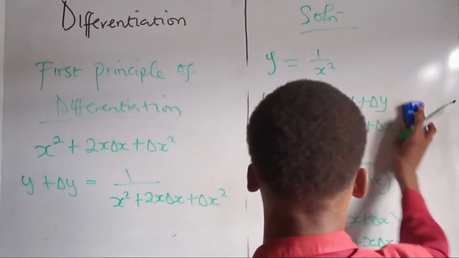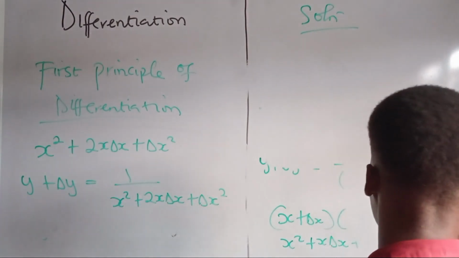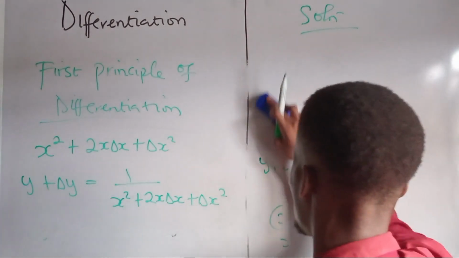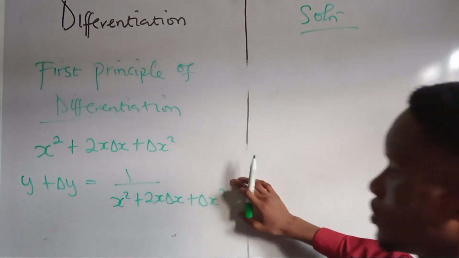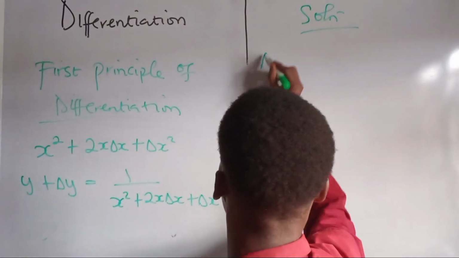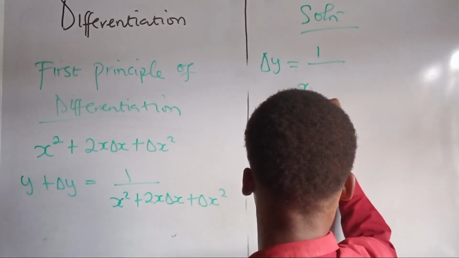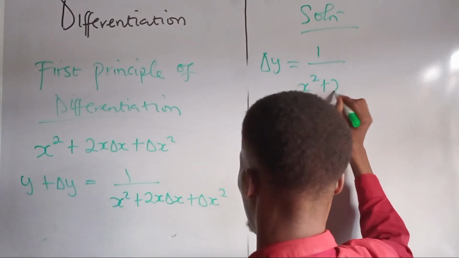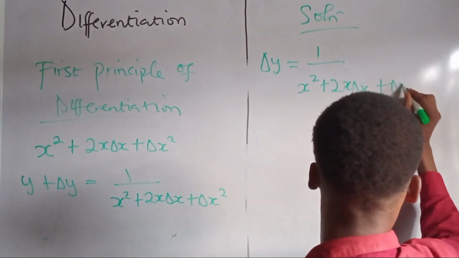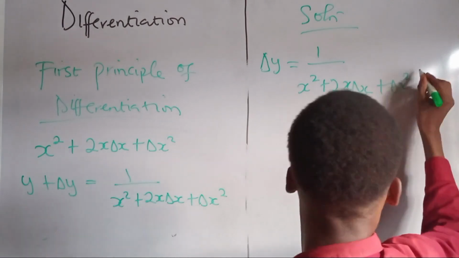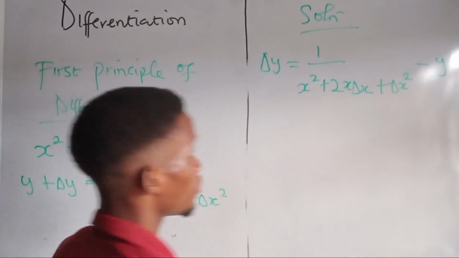So the next step we are going to do now is to make change in y the subject of the formula. How do you do that? You take y to the other side of the equation, which is the right hand side. So it will remain change in y, which is 1 all over s squared plus 2s change in s plus change in s squared, minus y.